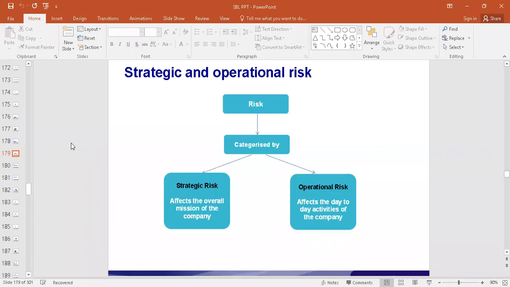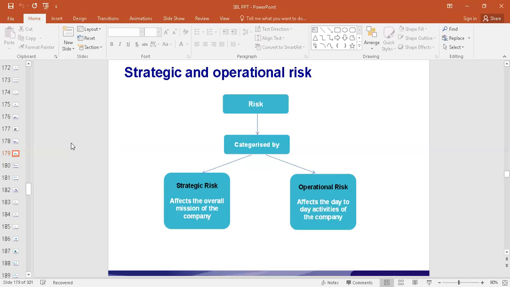One category of risk is that risks are categorized as strategic risk and operational risk. Strategic is strategic. From class number one, first class onwards, we've been studying strategy. Strategic risk is the planning at the organization level, the plan that is applicable for the entire organization, strategic planning.